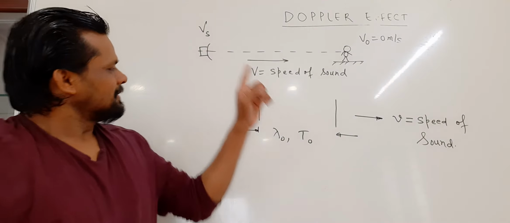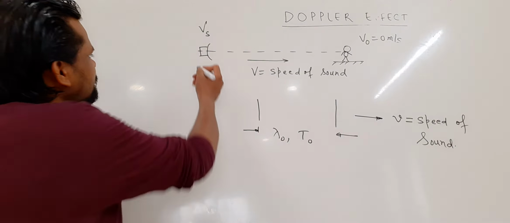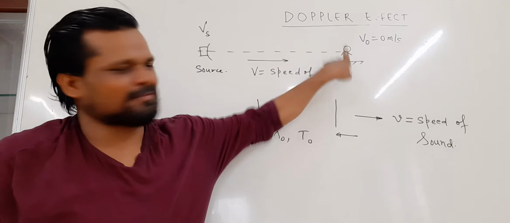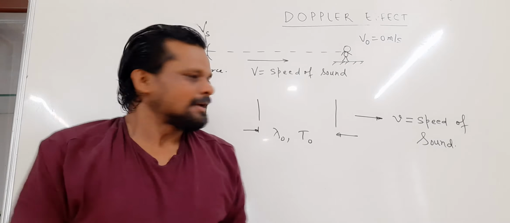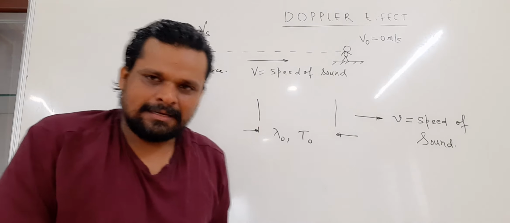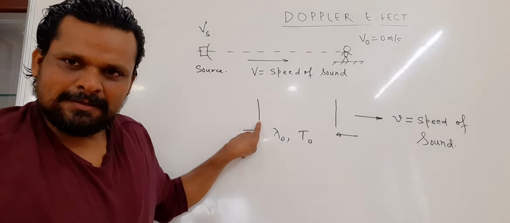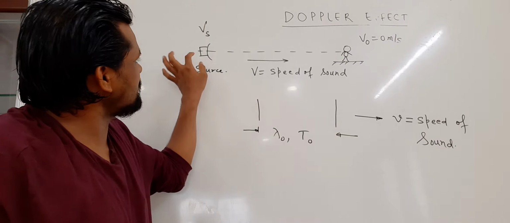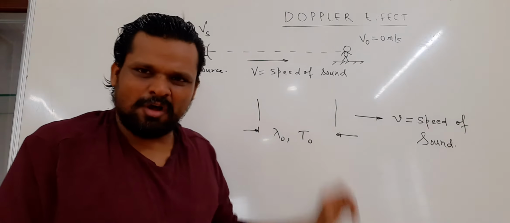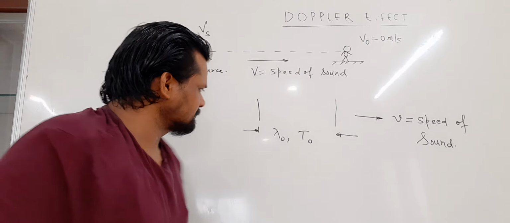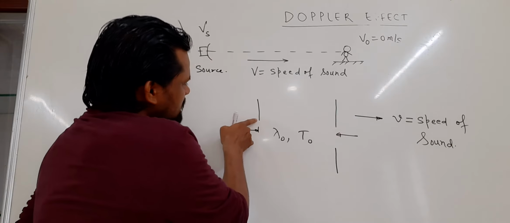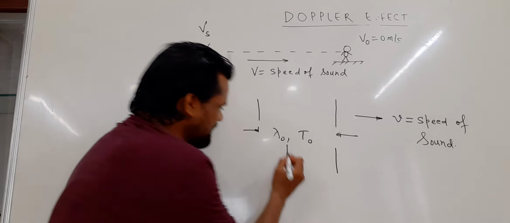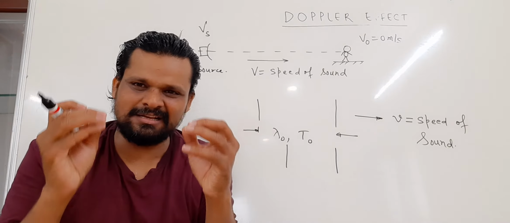Now, suppose this one is the source, and the source is moving towards the observer. When both are fixed, the pressure is created here and here. But when the source moves towards the observer, the same pressures are created closer together, in time period T naught.